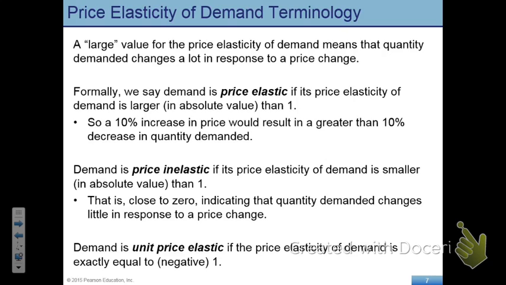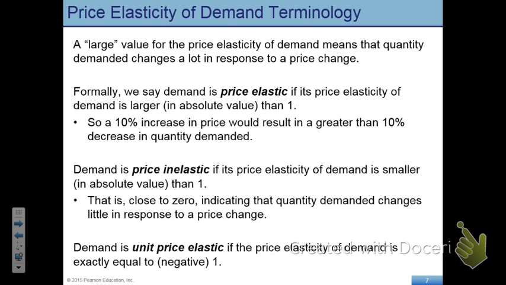So in the midpoint formula, rather than just having the old value in the denominator, we take a weighted average of the new and the old value and use that as the denominator. So the basic difference between our standard measurement of elasticity and the midpoint formula is that in the midpoint formula, your denominator is a weighted average of the old value and the new value. Other than that, the interpretation is more or less the same.